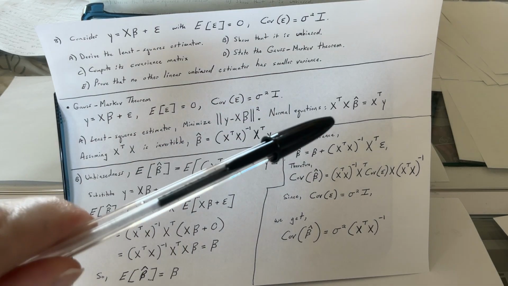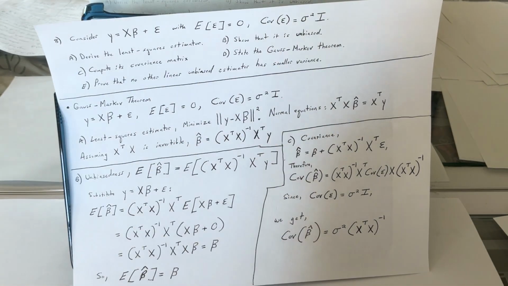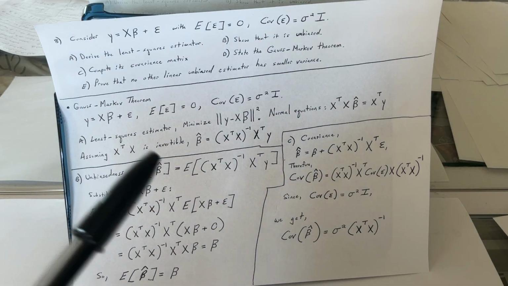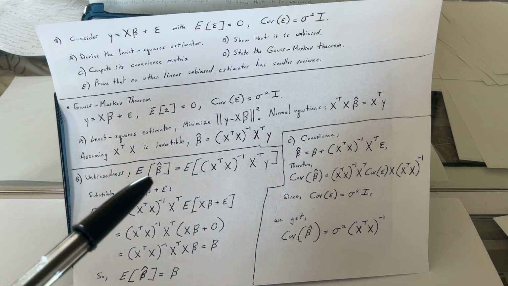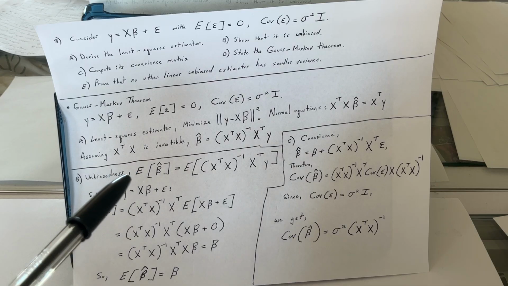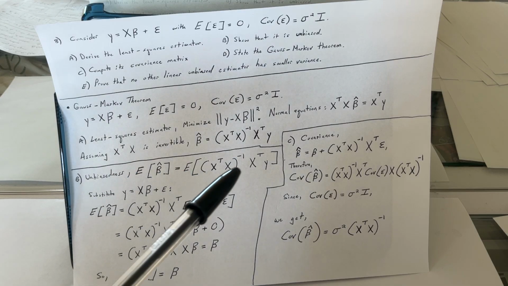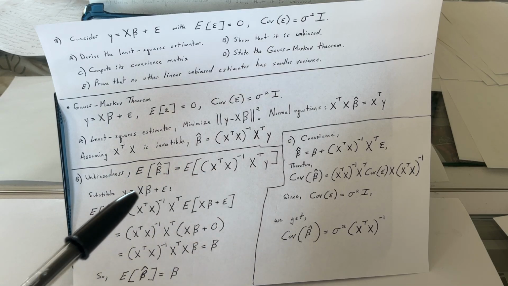Here, the normal equations: X transpose X β hat equals X transpose y. Assuming X transpose X is invertible, β hat equals (X transpose X) inverse X transpose y. Unbiasedness: this equation here is what we're going to use.